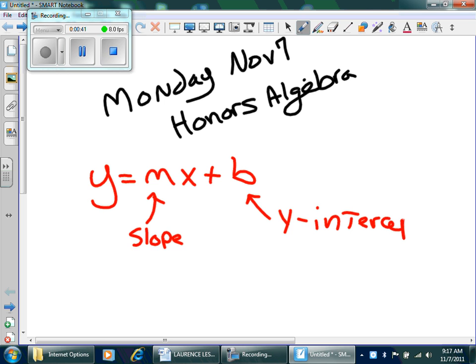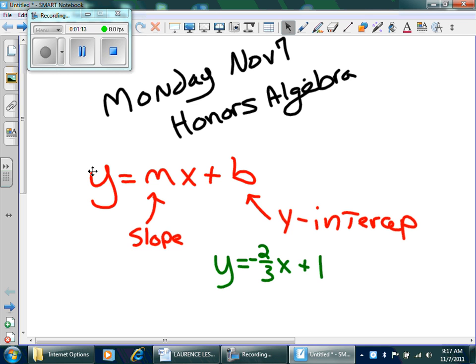Let's say we have the equation y equals negative 2/3 x plus 1. To be in slope y-intercept form, the y must be alone. The coefficient on x, the negative 2/3, is our slope. And the positive 1 is our y-intercept. It's the place where the line will cross the y-axis.